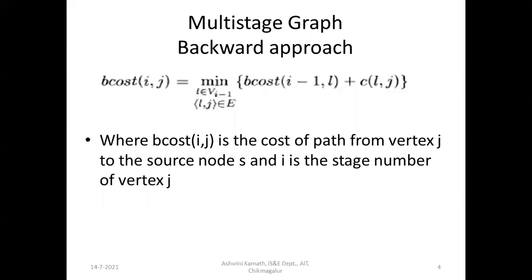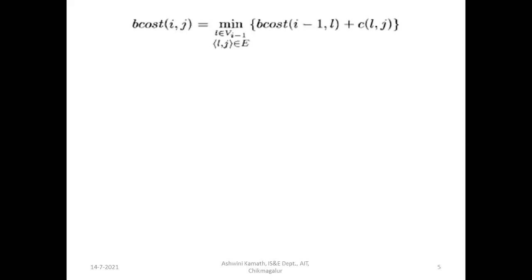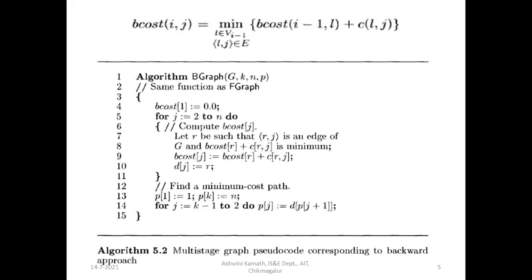In the forward approach, it was from j to the sink node. Now since it is a backward approach, it is the cost of the path from vertex j to the source node, and i is the stage number of vertex j. c of l, j is the cost of the edge, or weight of the edge l, j, in the graph. So this is the formula for the backward approach algorithm.